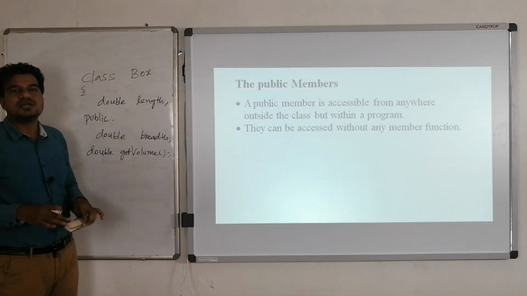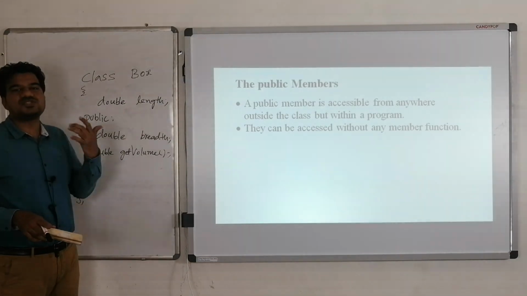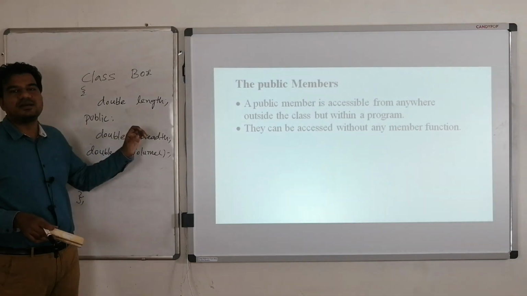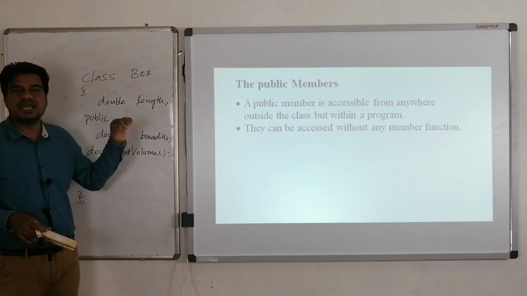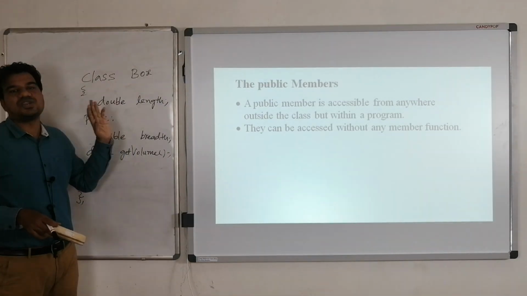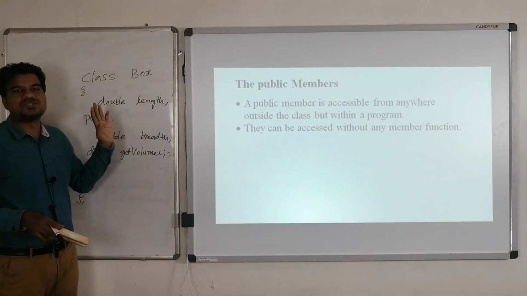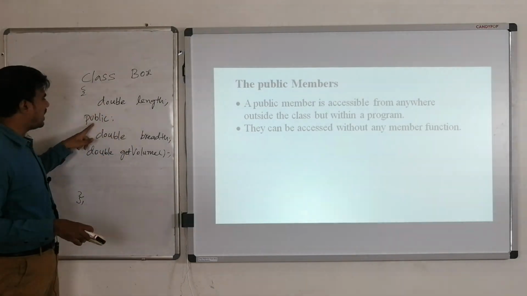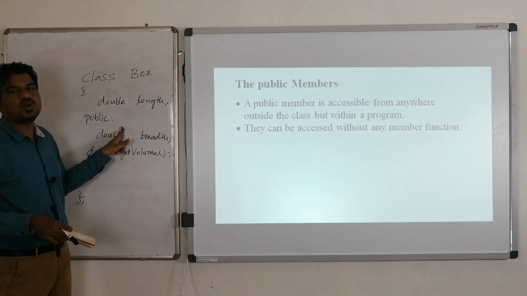Complete access, not only to the owner but also to the others. Anybody can access that data member, even outside the class, without any restriction. So the public access modifier, how do we start? Simply you have to write public followed by the colon.